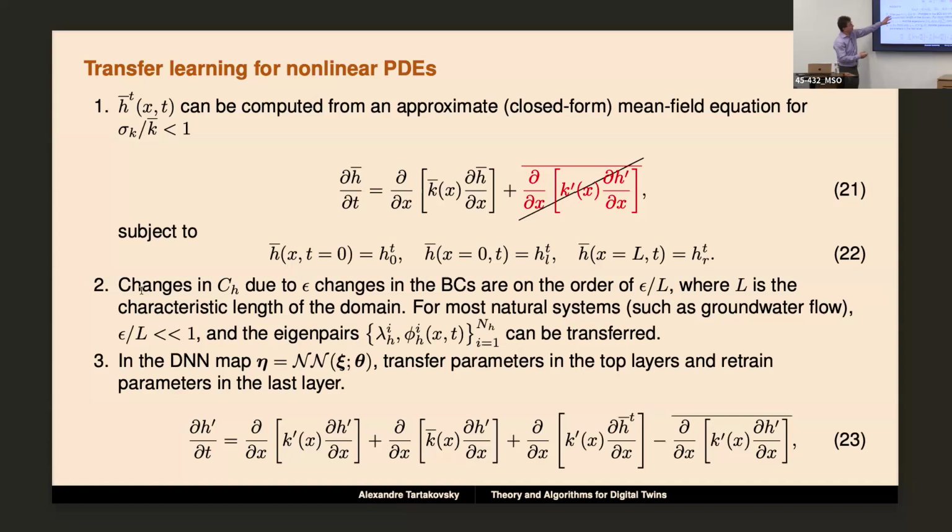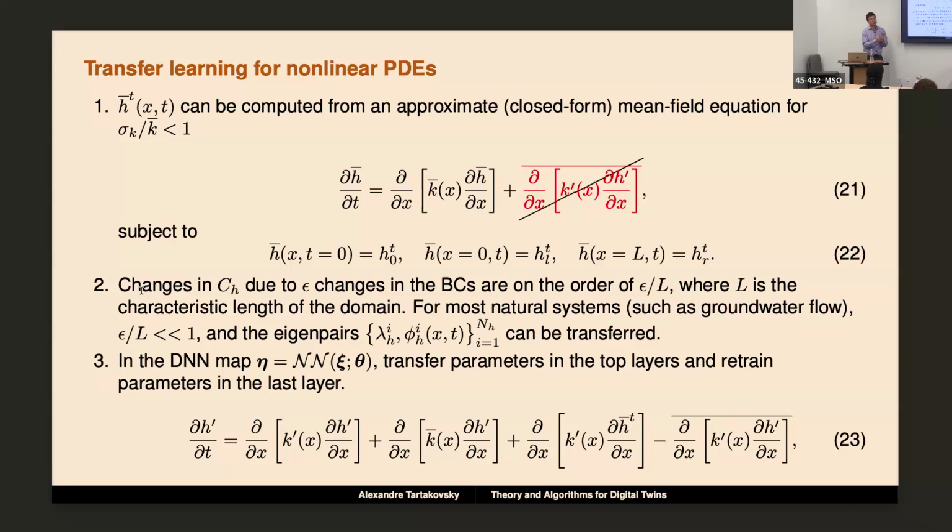Now for the covariance, the equation is complicated. I'm not presenting it. However, from the moment equation analysis, we can show that the changes in the covariance of H due to changes in the boundary conditions are on the order of epsilon divided by L, where epsilon is the change in the boundary conditions and L is the domain size.